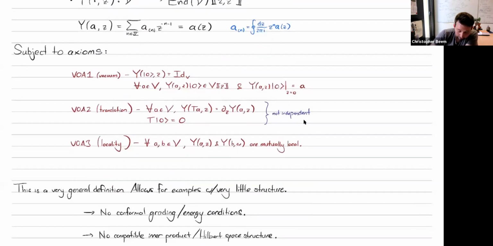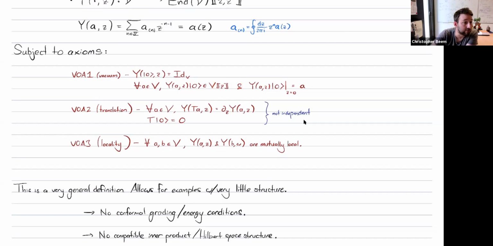And there are three sets of axioms associated to this. The vacuum axiom says that the operator associated to the vacuum state is just the identity operator. And that if you have an arbitrary state and you take the field associated to it, and act on the vacuum, first of all, you don't get any singularities. You don't get any negative powers of Z. So you have C[[Z]].